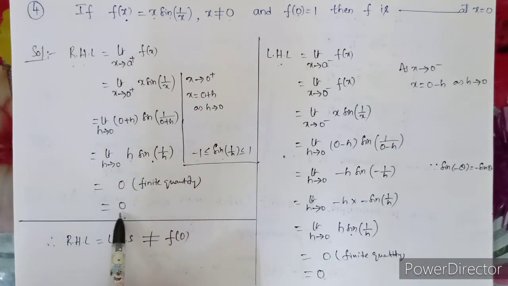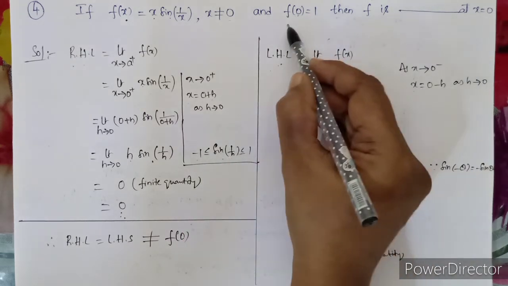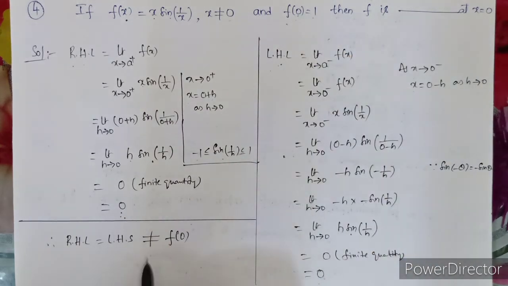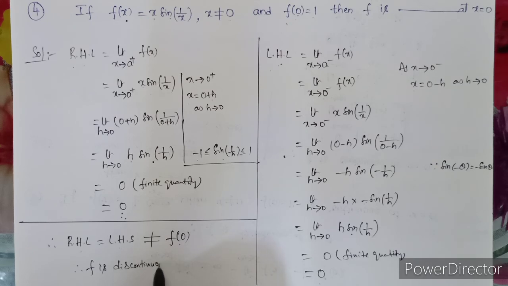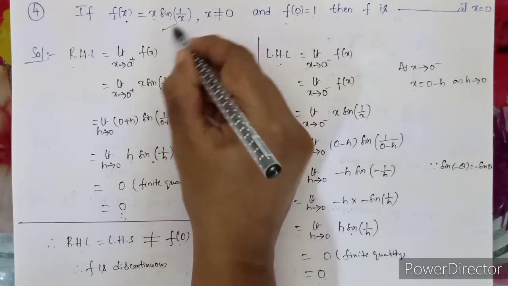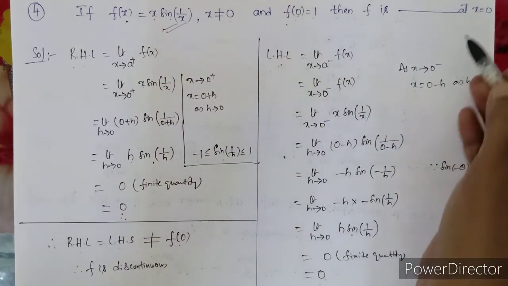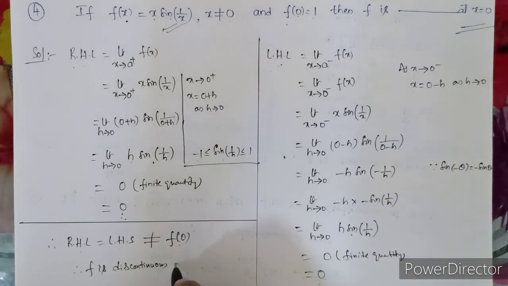Right-handed limit gives 0, left-handed limit is also 0, and f of 0 is 1. Both are not equal to f of 0. Therefore, f is discontinuous. This function is discontinuous at x is equal to 0.